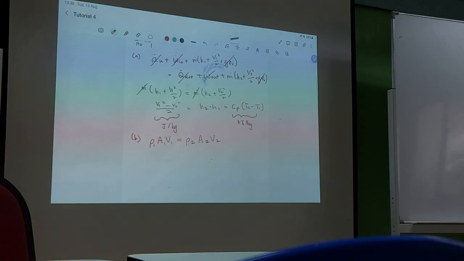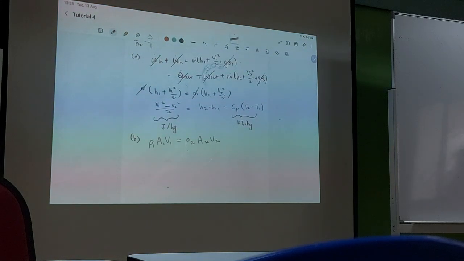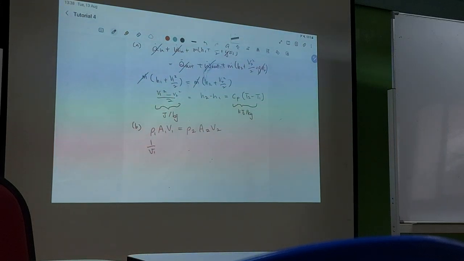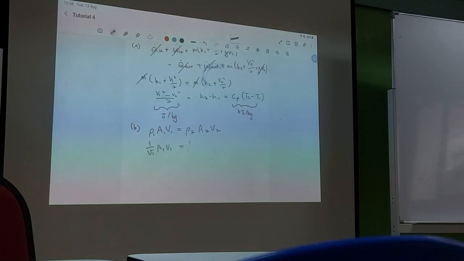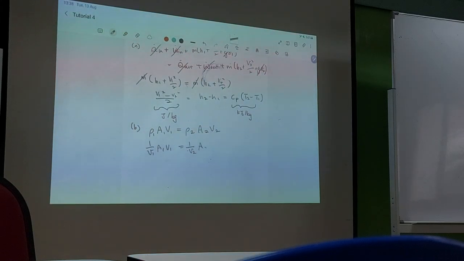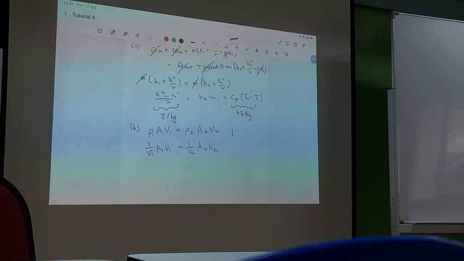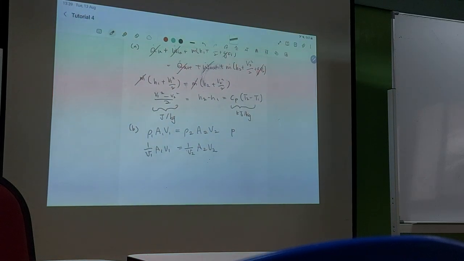So the table won't give you that information. So you come back to the ideal gas equation. Sometimes we write it this way, but it doesn't matter; you should know that these two things are the same. For the specific volume, we go back to the ideal gas equation.